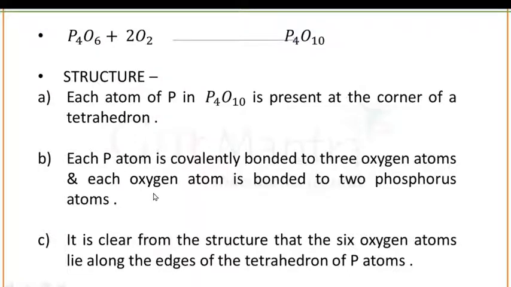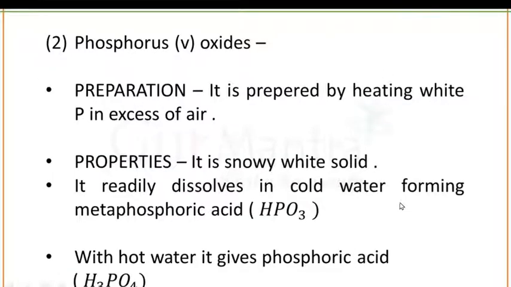So now it is very clear from the structure that 6 oxygen atoms lie along the edges of the tetrahedron of phosphorus atoms.